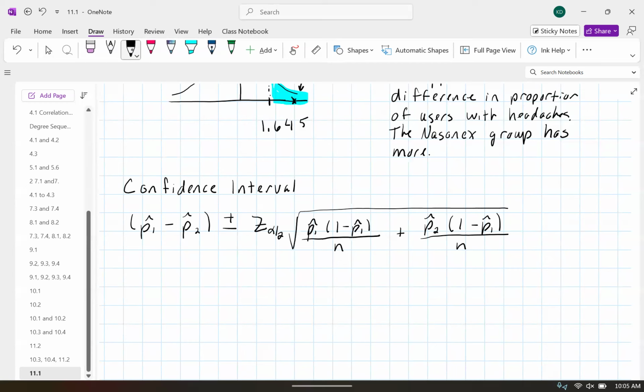We say, hey, we think the actual amount is somewhere between this and this. We're 95% certain of that. So it's a plug and chug sort of formula.